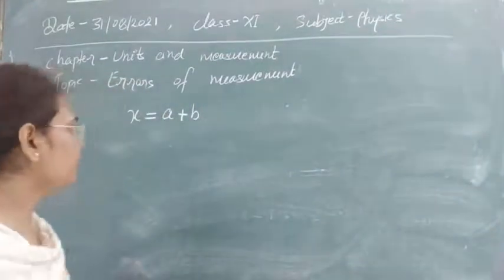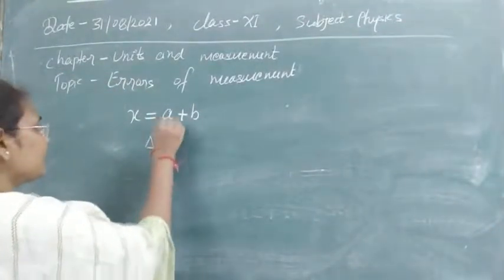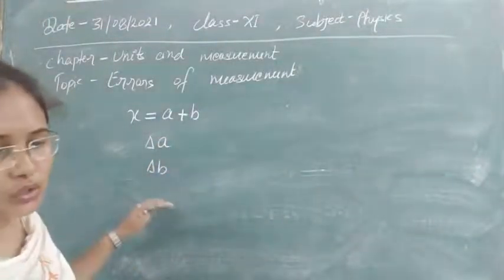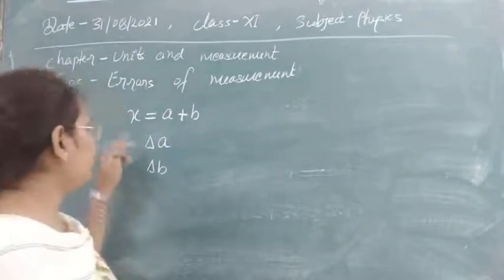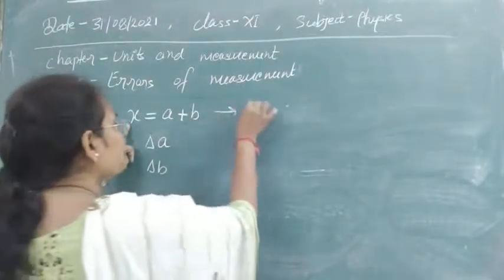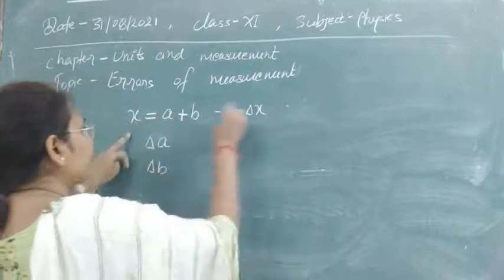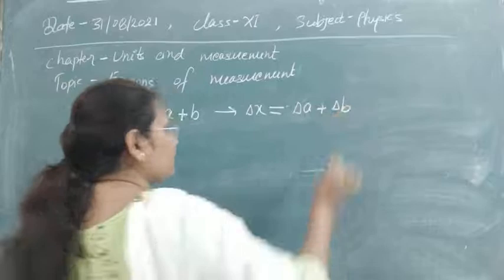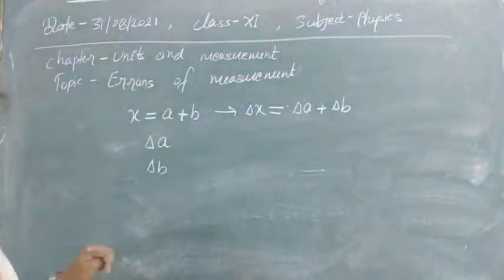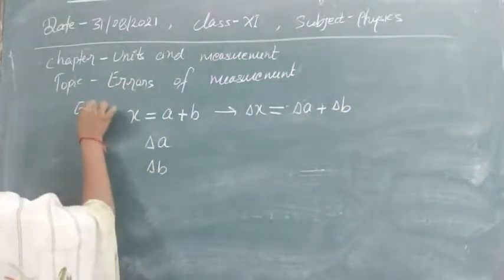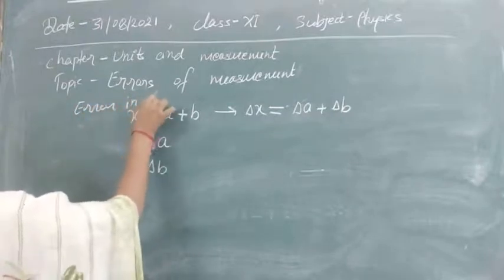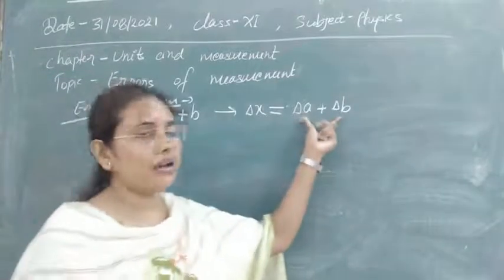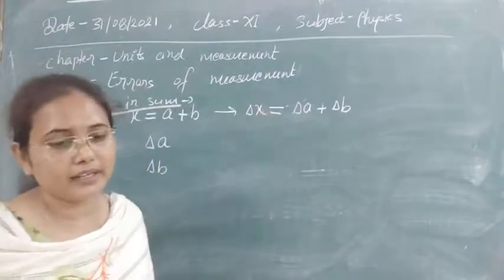Suppose delta A is the error of measurement in A and delta B is the error of measurement in B. The absolute error can be found simply as delta A plus delta B. So for error in a sum, you take the addition of all the absolute errors, and it gives you the value.